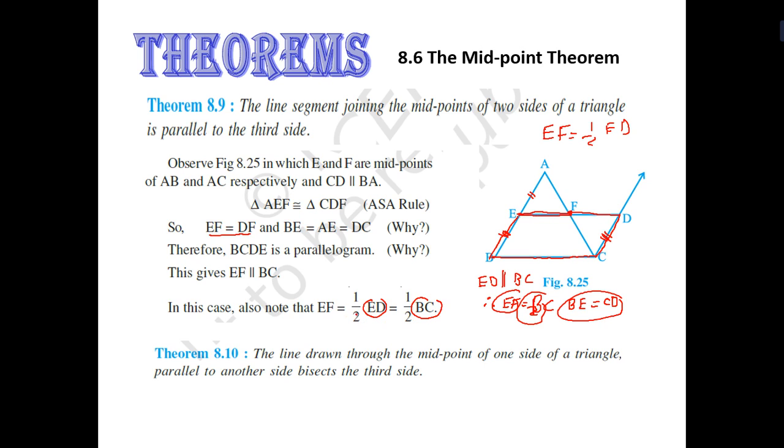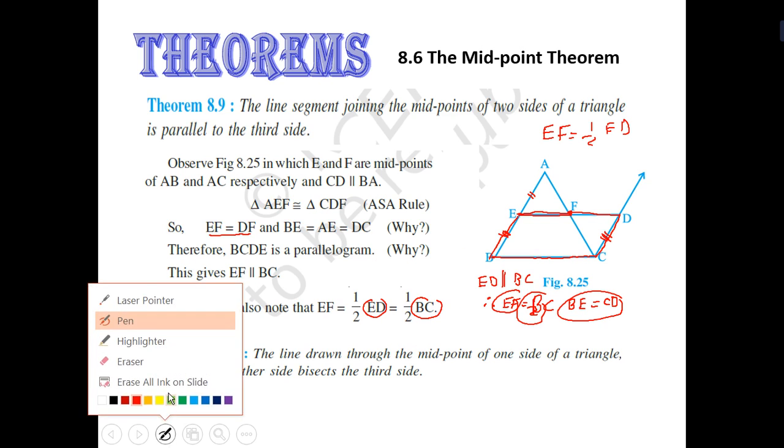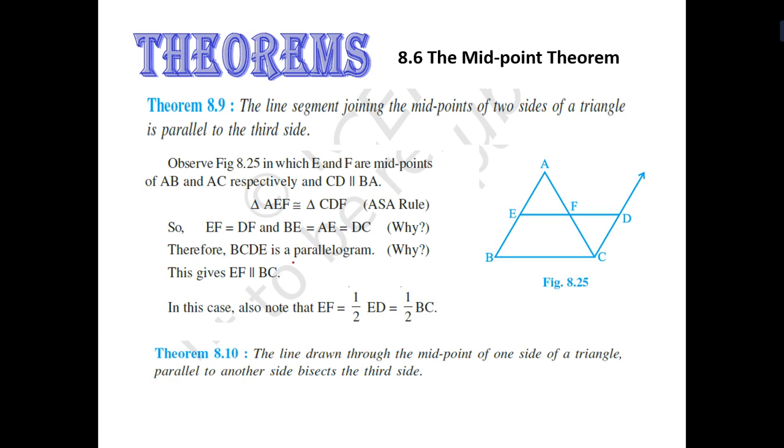So we can say EF is half BC. It should be helpful in 10th standard also, so we have to remember. Anyhow, it is not an important proof, but you have to remember that a line segment joining the midpoint of two sides of a triangle is parallel to the third side, and EF is equal to half BC.